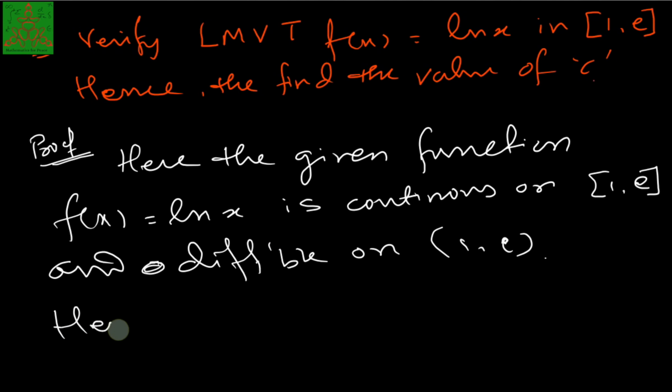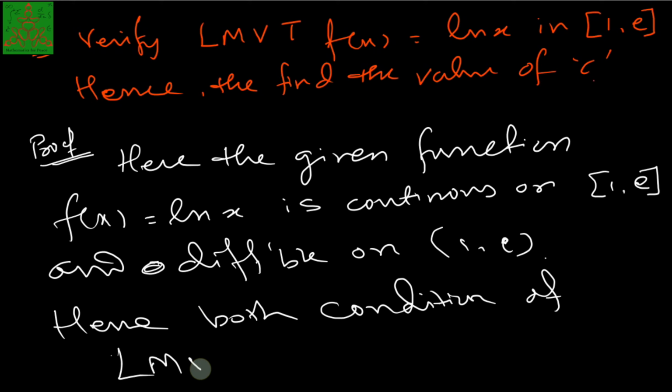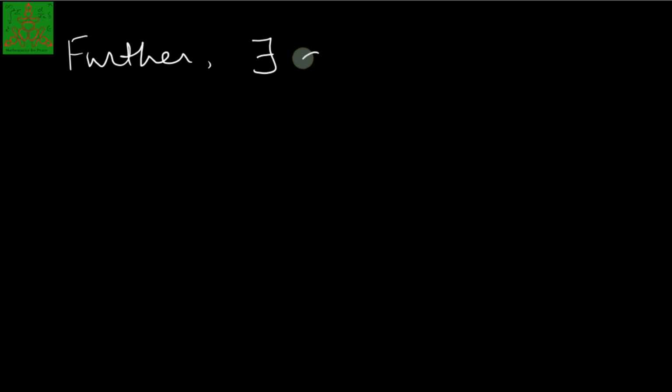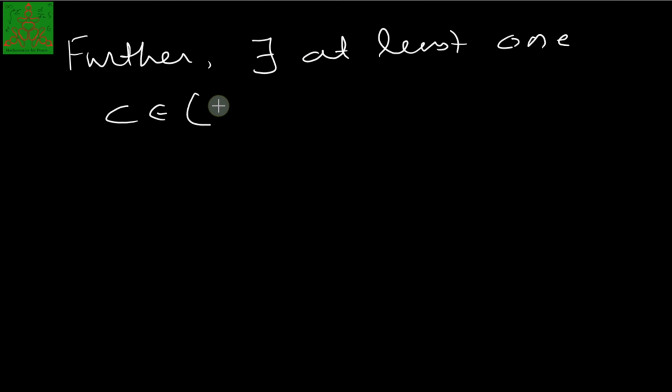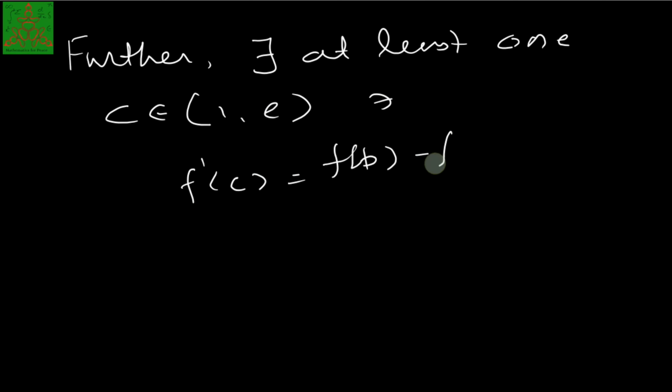Hence both the conditions of LMVT are satisfied. Further, there exists at least one c in the interval 1 to e such that f dash of c is equal to f of b minus f of a upon b minus a.